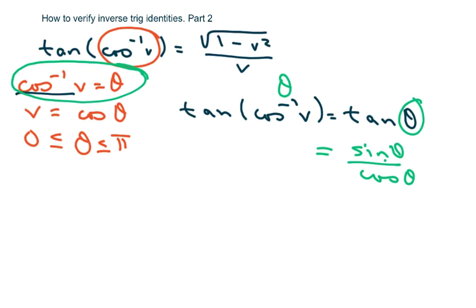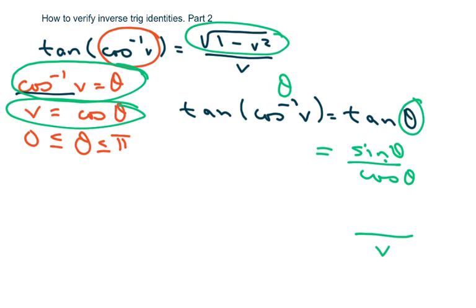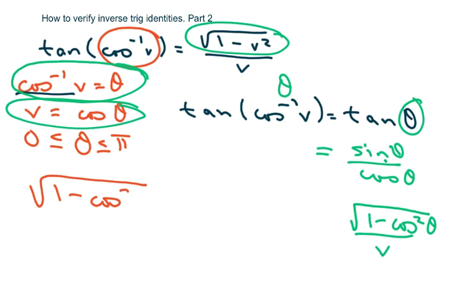For sine, I already know that cosine is v because we said it there. But what I'm going to do for this part is write this as the square root of 1 minus cosine squared of theta. Square root of 1 minus cosine squared of theta is the same as the square root of sine squared of theta, which equals sine of theta.